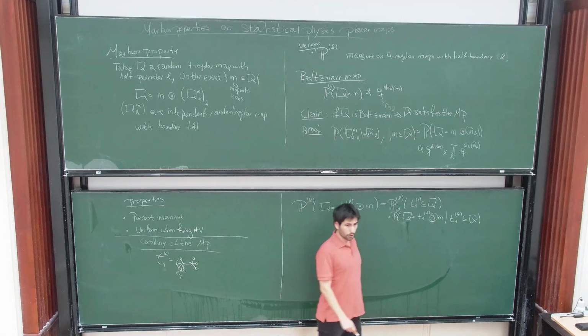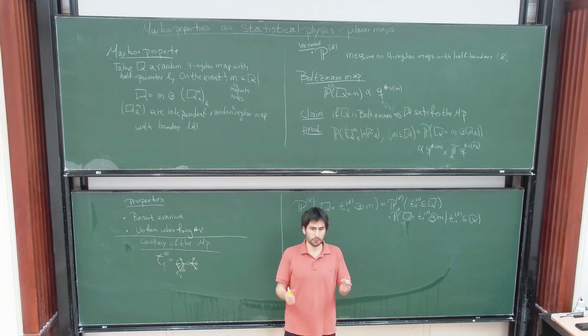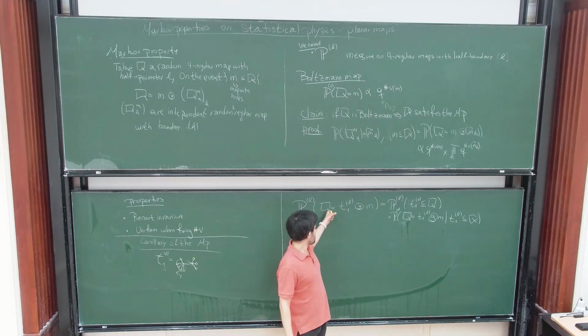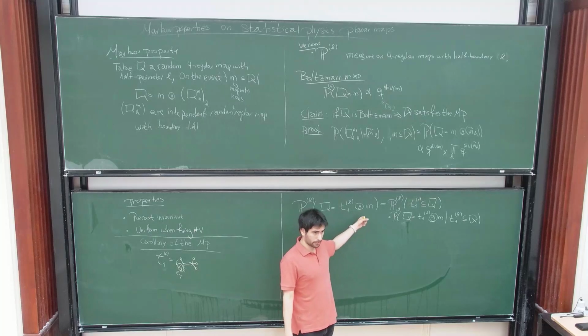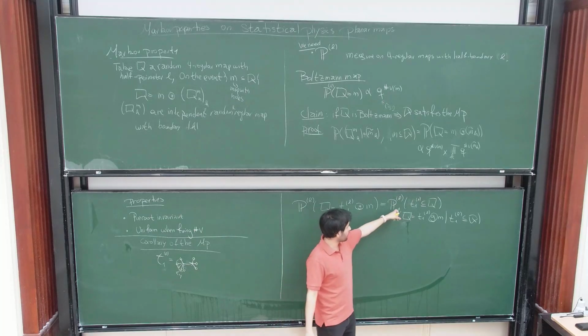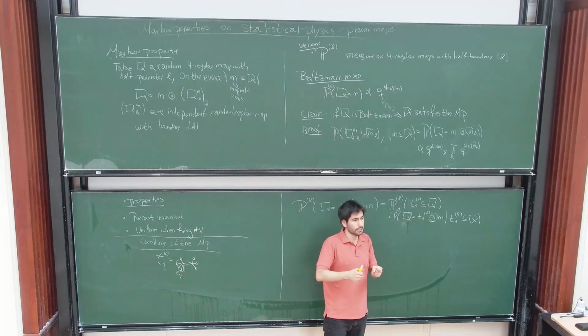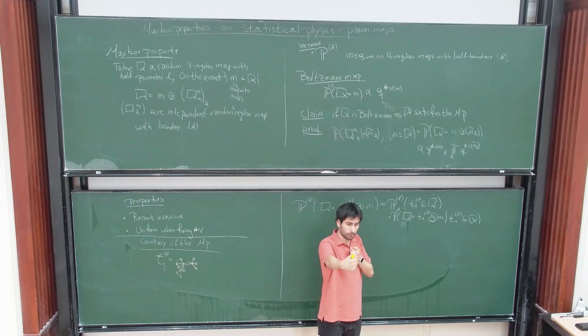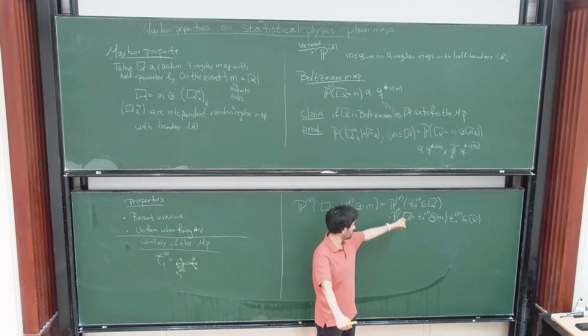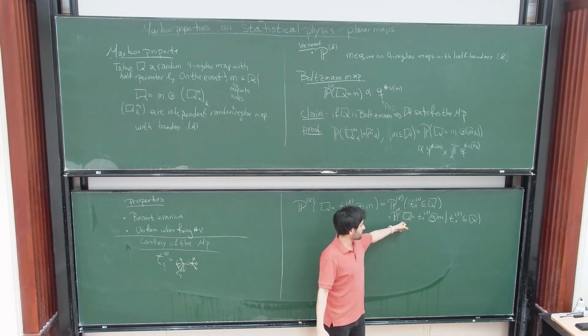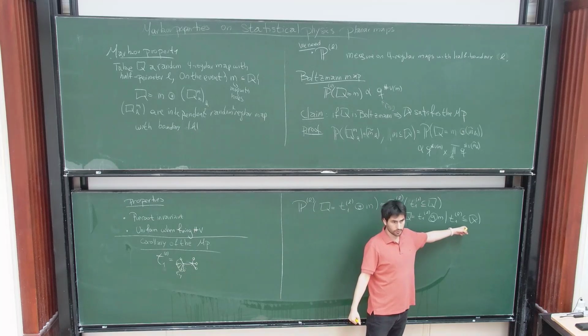Okay, so here I did nothing. What I'm saying is that the probability that Q is a given object in which T1 was contained will be the probability of obtaining a T1. What does this mean? It means the probability that the root edge is connected to two different vertices, the root one and a new vertex, times the same thing conditionally on that.